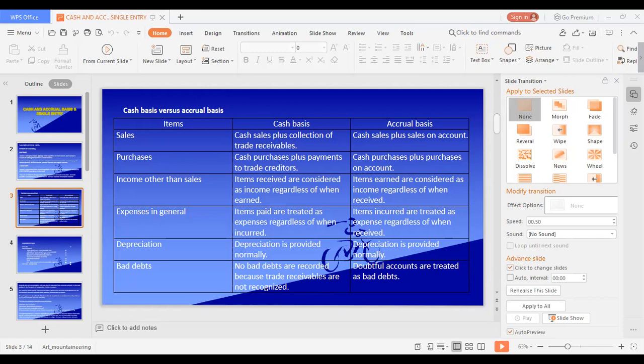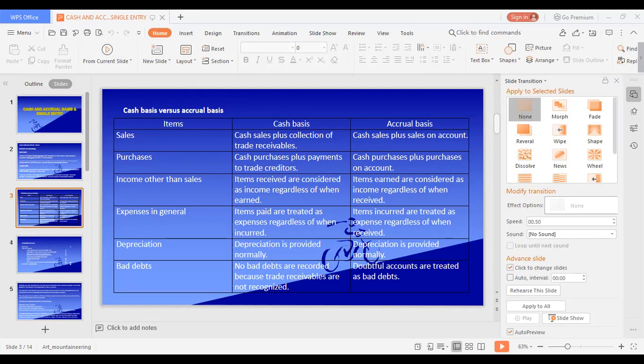Now, for the current year's accrued expense, we debit expenses and credit accrued expenses for 100,000. Next, we have merchandise inventory 2019. That's the beginning of the year 2020. We debit merchandise inventory and credit retained earnings.